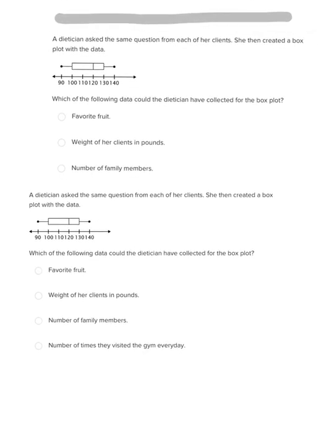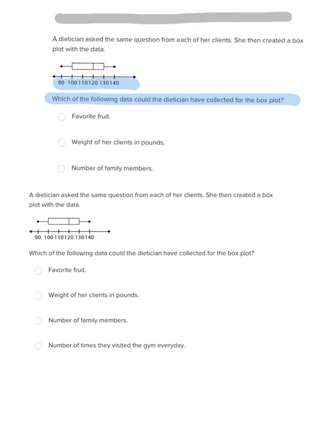A dietitian asked the same question from each of her clients. She then created a box plot with the data. Which of the following data could the dietitian have collected for the box plot? Could this be about favorite fruit, weight of her clients, or the number of family members? Well, when we look at our numbers, they go from 90 to 140.